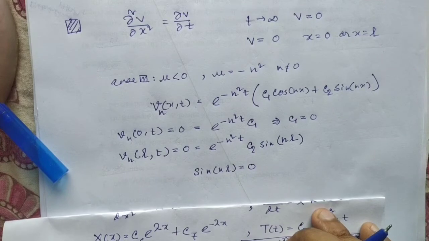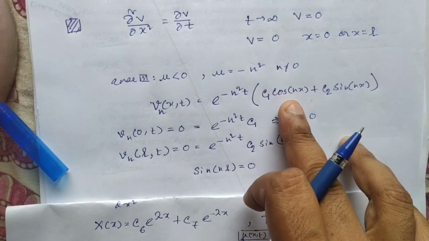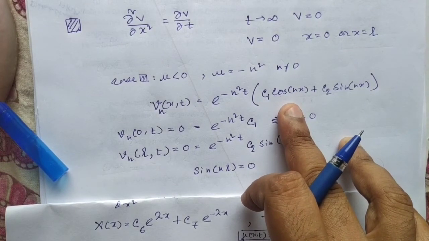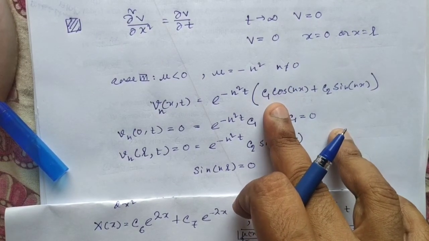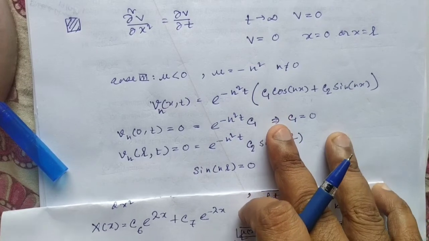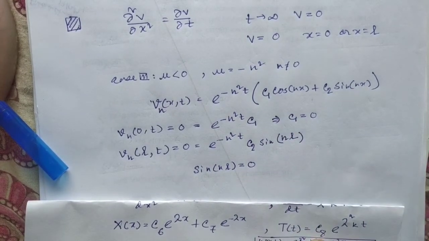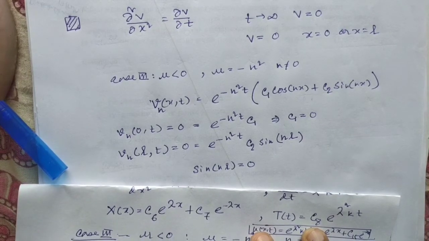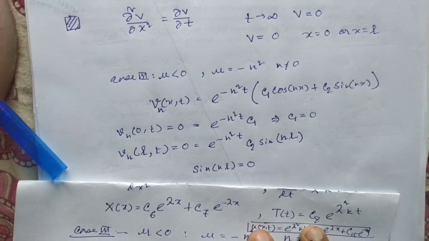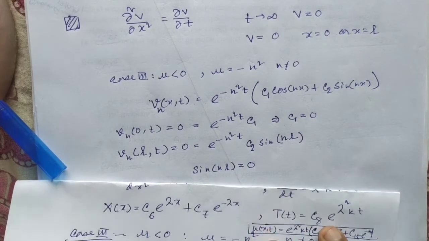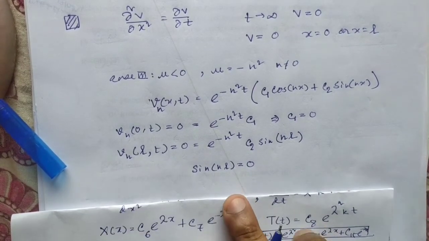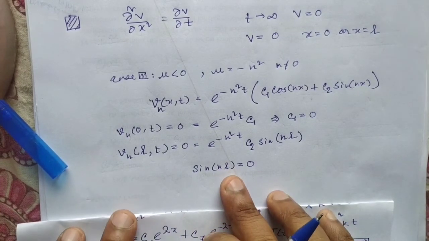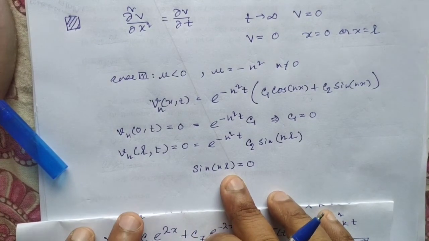So for many values of n this solution will vanish, but for many n this will not vanish. We are actually finding them out. Among the elements of which you are taking the summation, some are vanishing, and some elements are not equal to 0. So we are only keeping them.